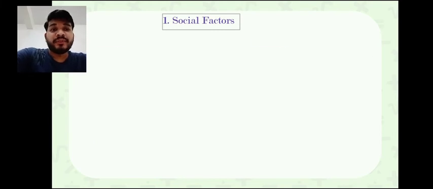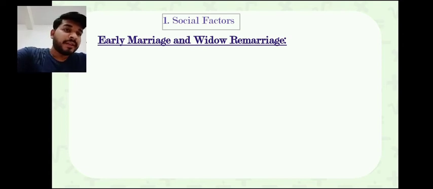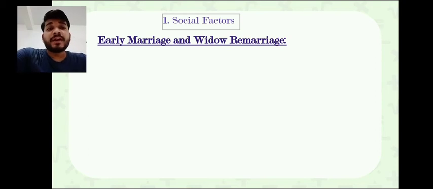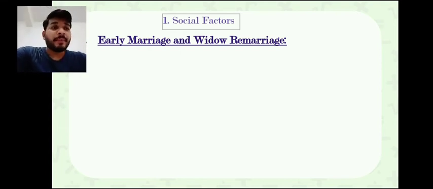Let's go to the second factor, that is early marriages. In ancient times, and even after independence for many years, the early marriage system existed. Why early marriages? In ancient times we have seen that Bal Vivaha was going on. Then after the abolition of the Sati system, the widow remarriage system was created, where widows were given importance and allowed to remarry and go on with a new life.